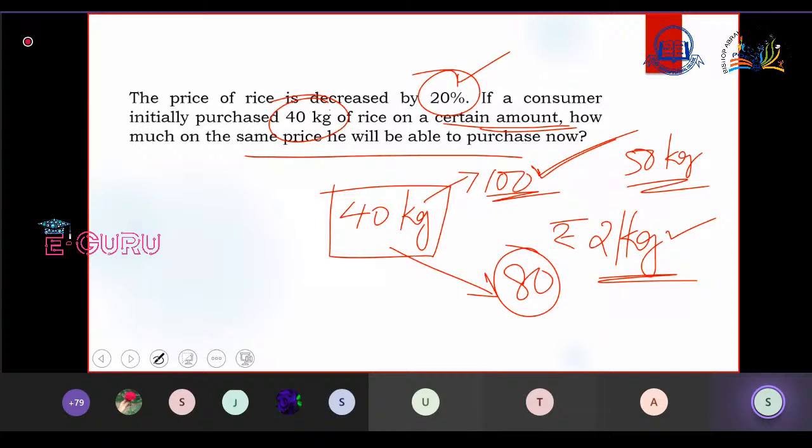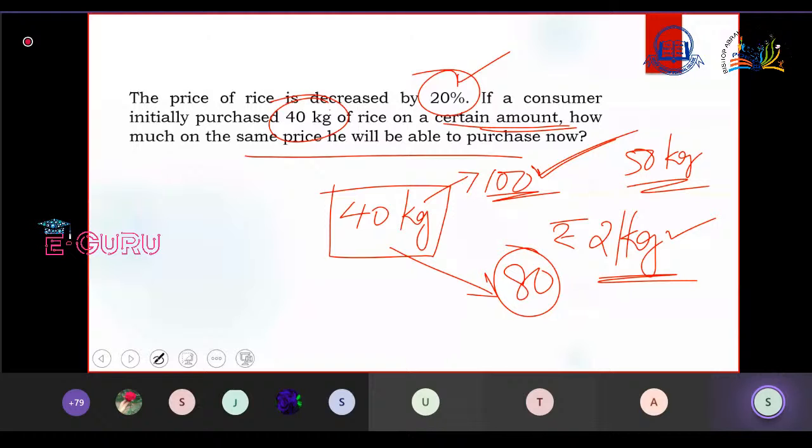If it is 200 or 300, you have to convert it into 100, then only you will get the percentage value. So directly doing the question without additional steps, we are taking 100, that's it. This question we can do with another value also.